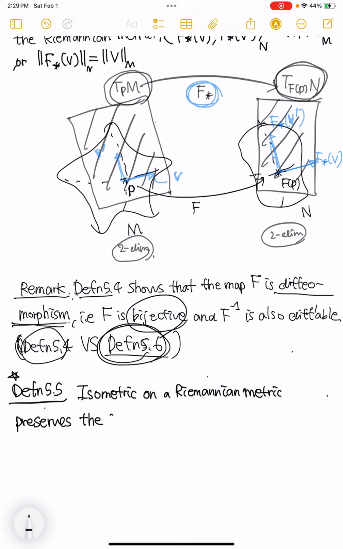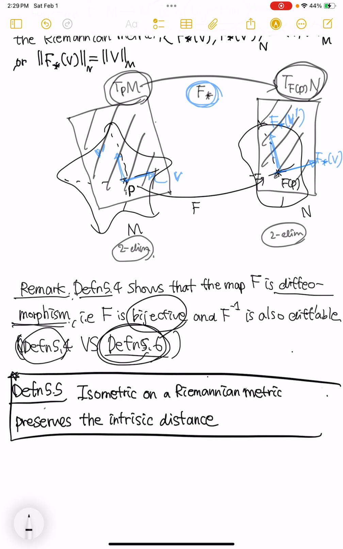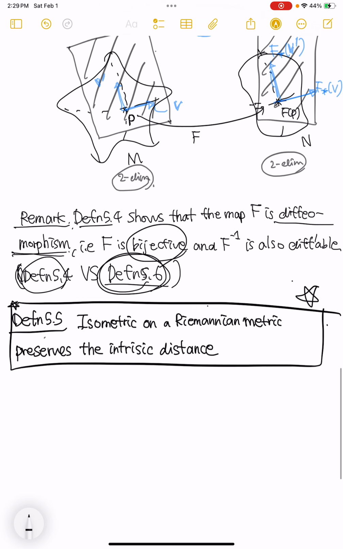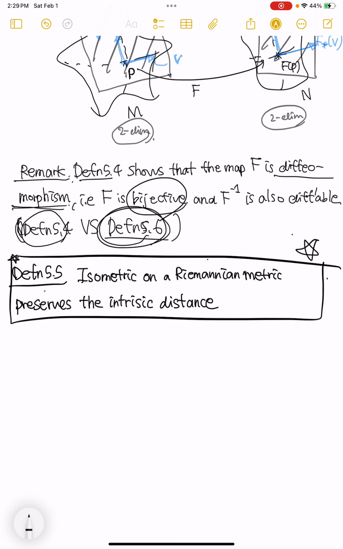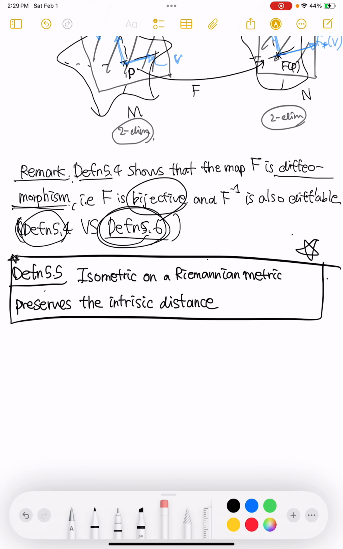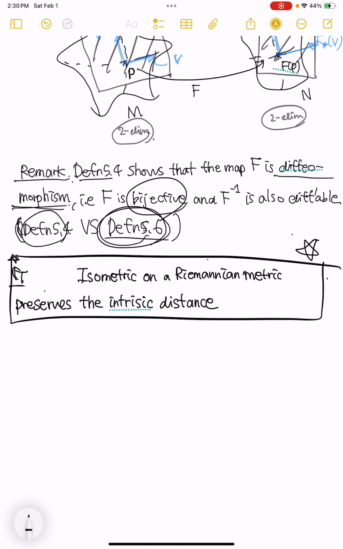It preserves the intrinsic distance. That is our main part of the lecture.